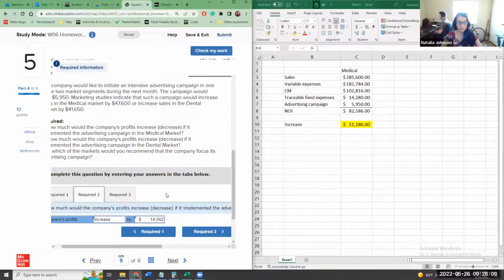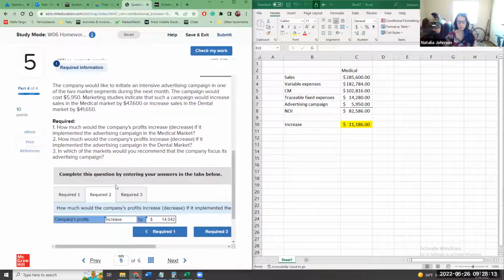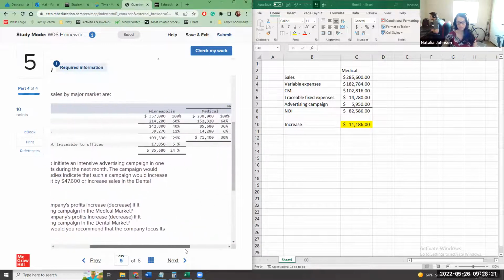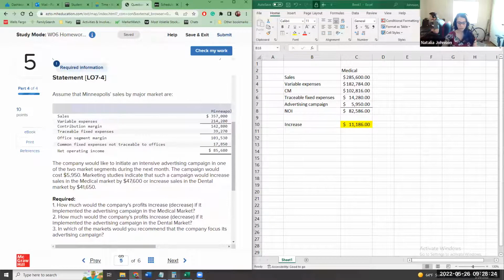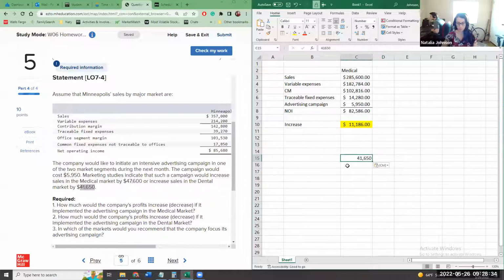Requirement 2 is for the dental. So how much would it increase if we do this advertising campaign in the dental market instead of the medical? So you can do the formula again. For this case, we know that the sales in dental would increase by 41,650.